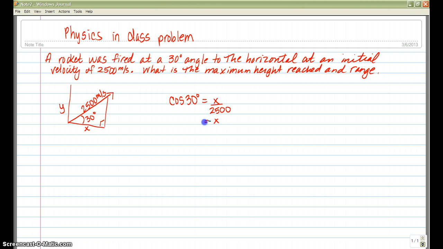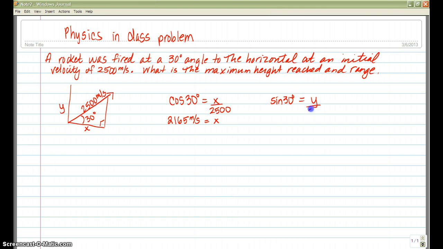To solve for our x, we're going to take our cosine of 30 and take it times 2,500. So in the x direction, it's going 2,165 meters per second.